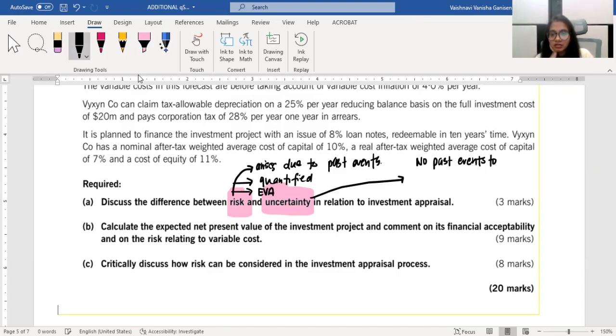to indicate it actually happens, can be described and not quantified.